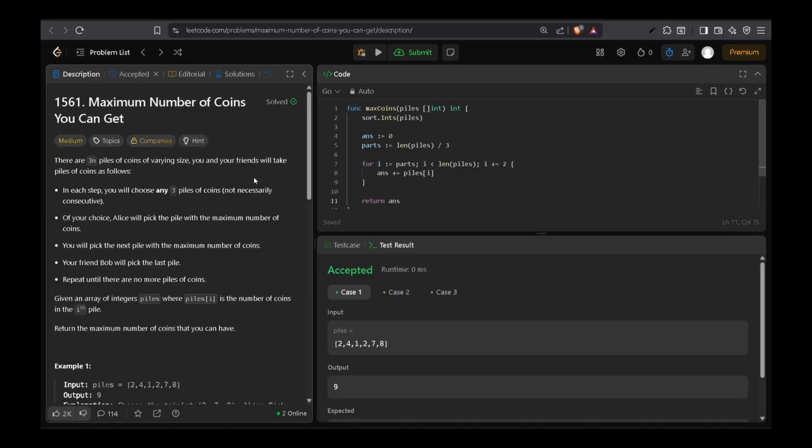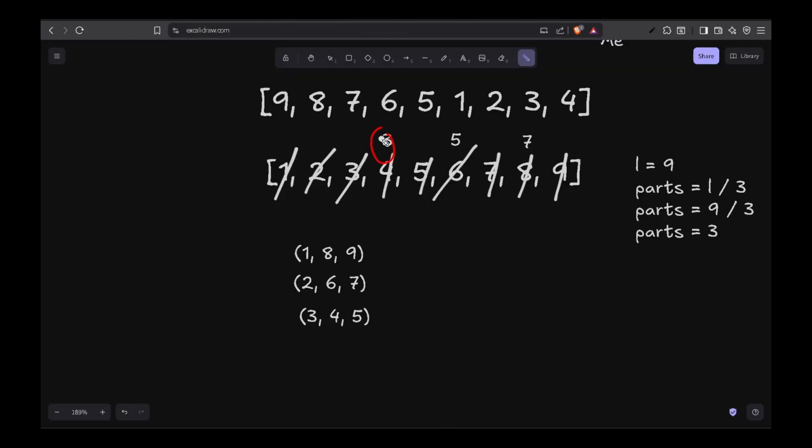It is marked medium, but if you just dry run an example, and if you find the pattern, that we are always taking numbers in the gaps of 2, and the lowest numbers are being taken by Bob, so we can't take any of those numbers, then it's a pretty simple question, right?